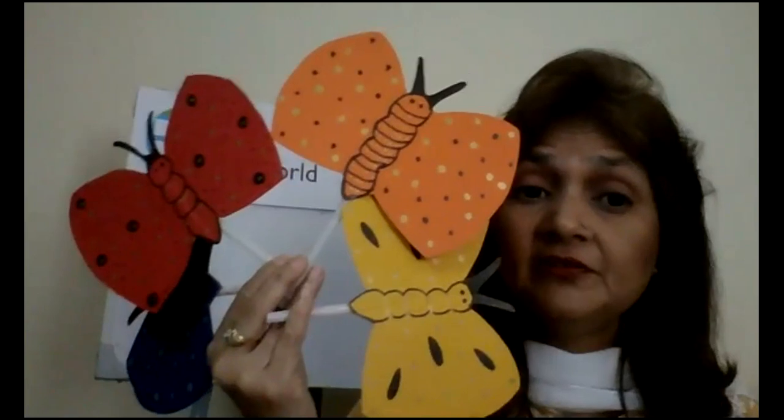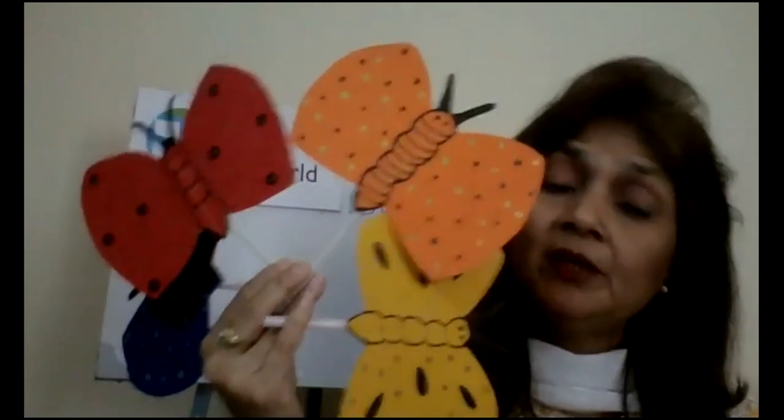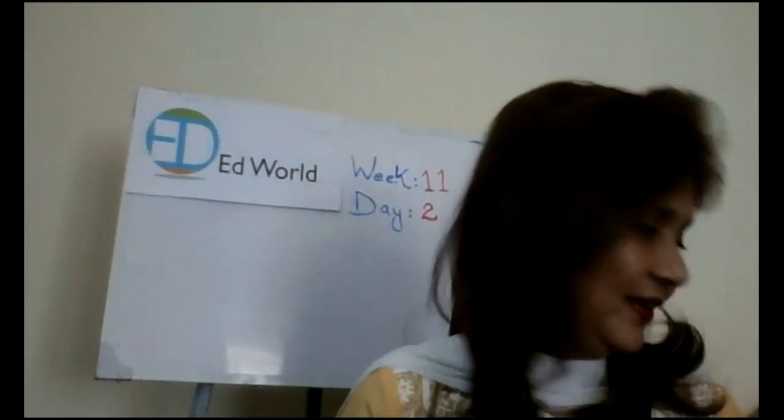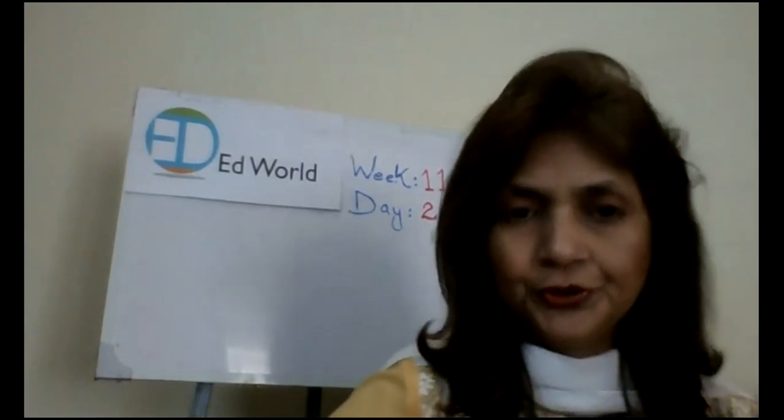So these butterflies are singular or plural? These are plural. But before, when I was holding only 1 butterfly, that was singular, and more than 1 would be plural. Very good. Correct, class. I am so happy for you all.